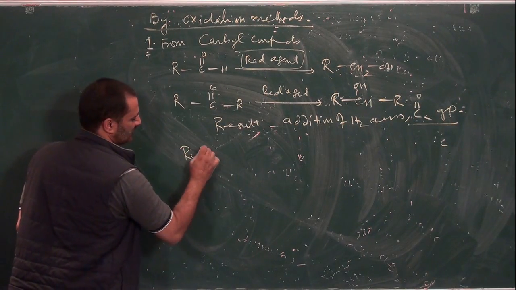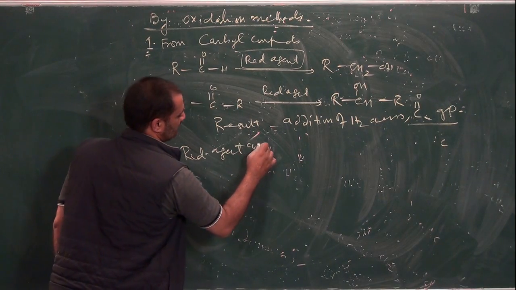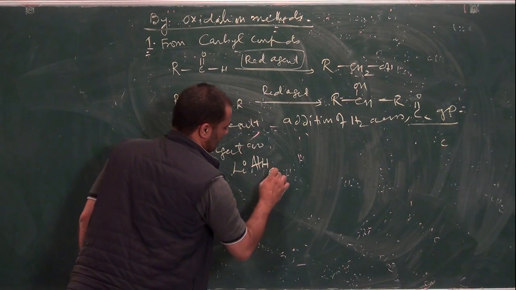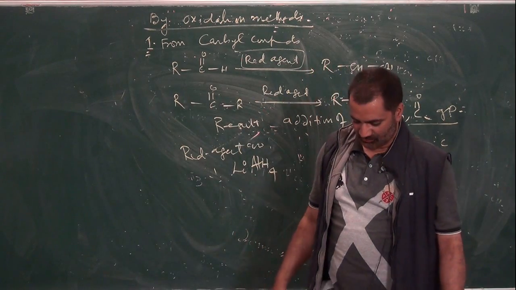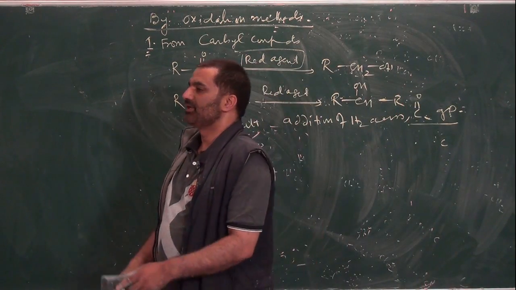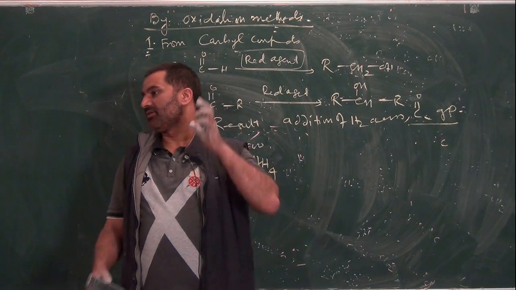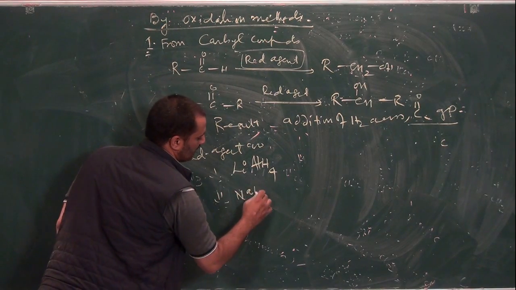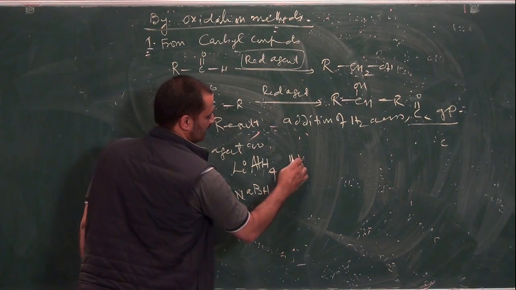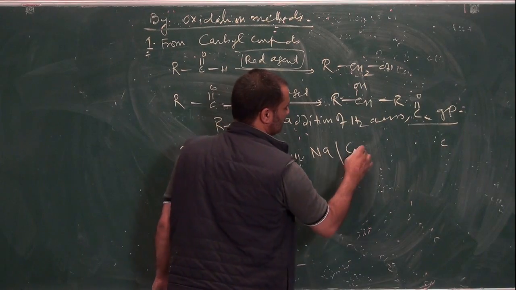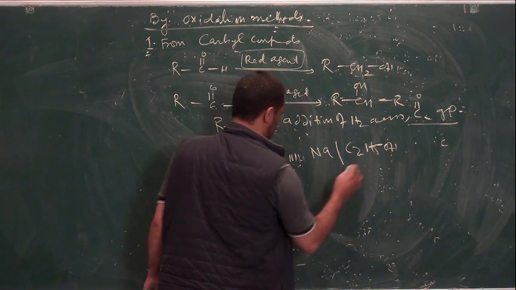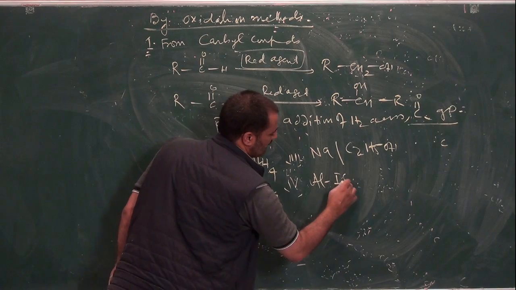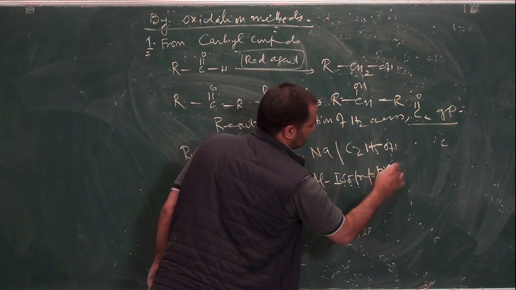Reducing agents are: number one, lithium aluminum hydride. It's a wonderful reducing agent; you will see we use it in a number of places. Then we have sodium borohydride, another important reducing agent. Number three, sodium in ethanol. Number four, aluminum isopropoxide.